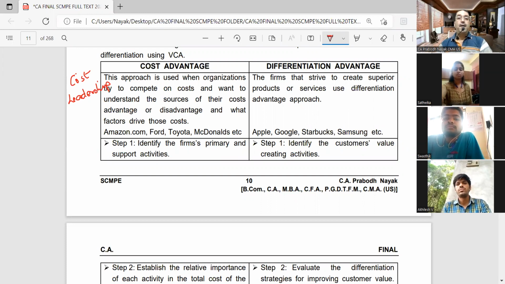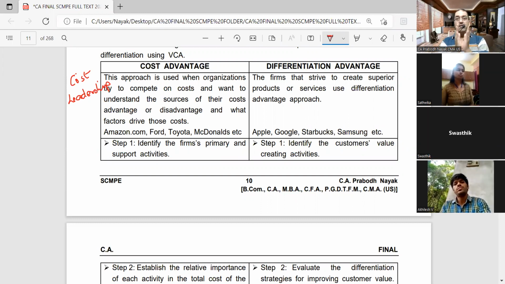right? So Apple is one of them, Google is one of them, Starbucks, Samsung. These are all products which are going on the basis of differentiation. When you go to the market, a Samsung product is very clearly distinguishable from any other products.